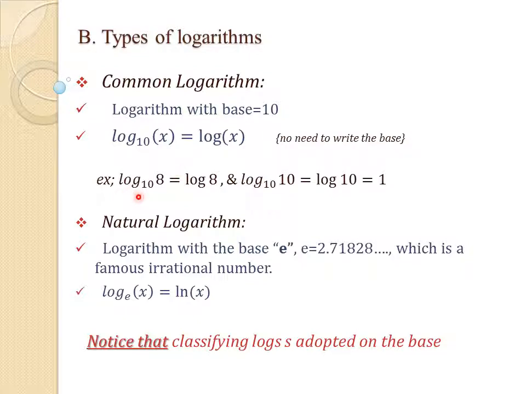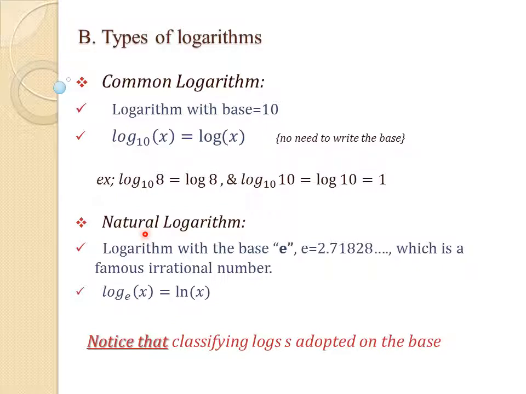For example, when we have logarithm 8 to the base 10, we just write it logarithm 8. Also, logarithm 10 to the base 10, which equals just logarithm 10, and you know that when these two values are equal, then the value of the logarithm is 1. This is for the common type.